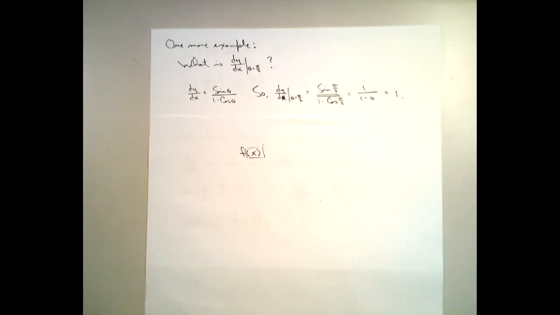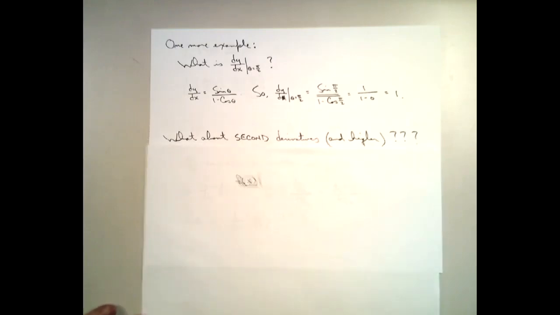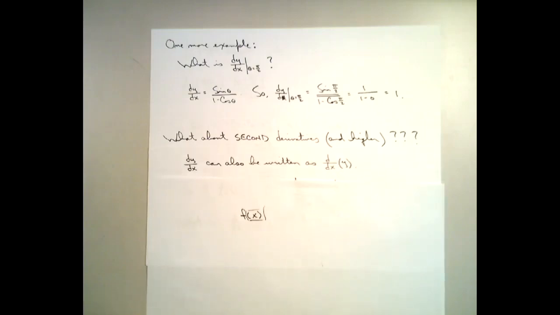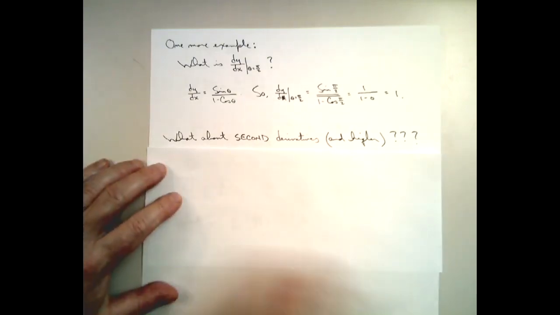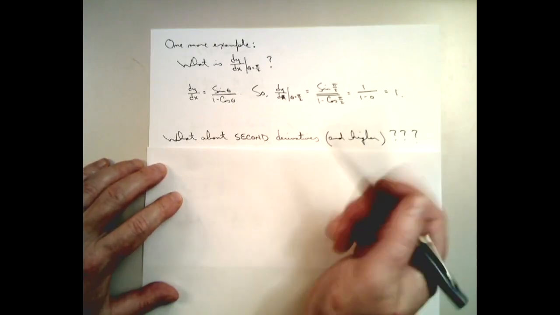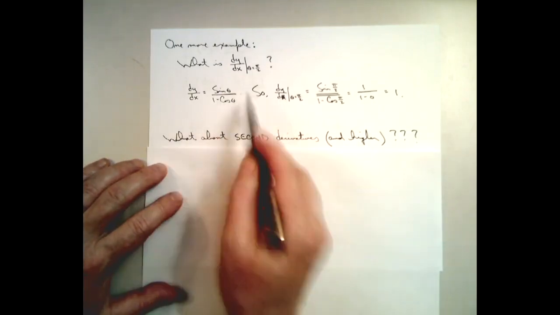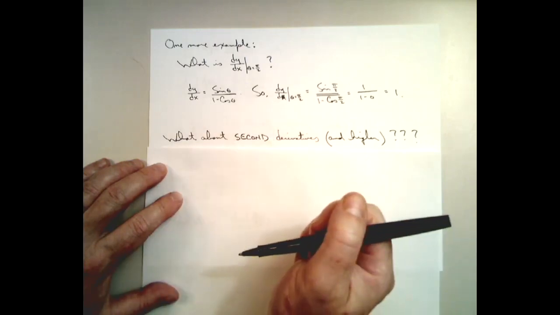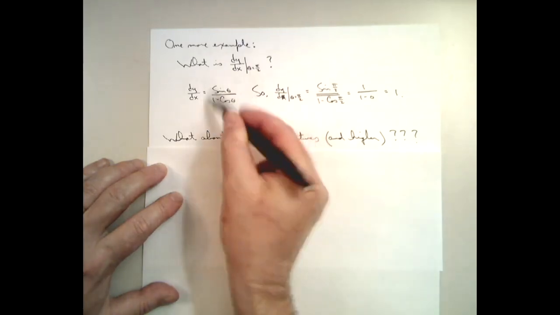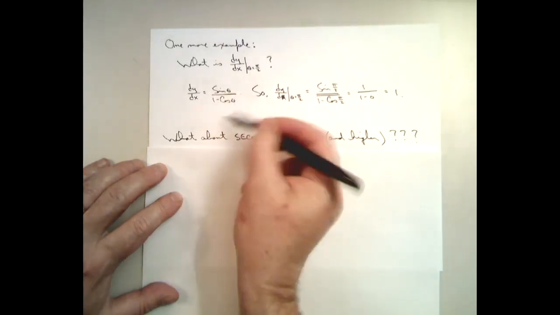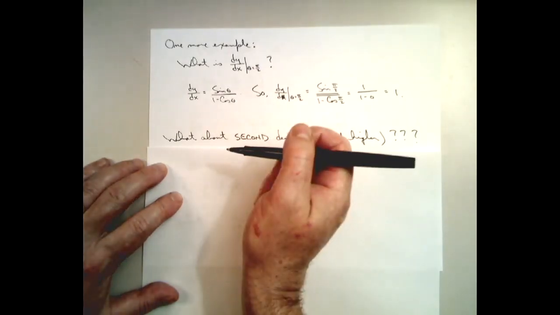Let's ask a different question. What about second derivatives and third derivatives and fourth derivatives and so on? Well, before we get a handle on that, a common mistake when taking the second derivative of this function is to simply use the quotient rule on this function and say, well, that's the derivative of the derivative.